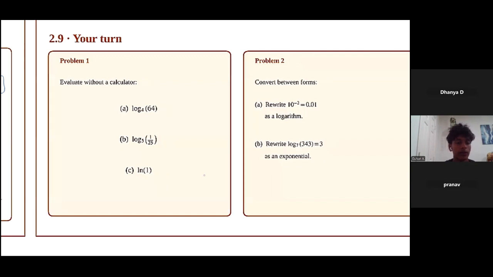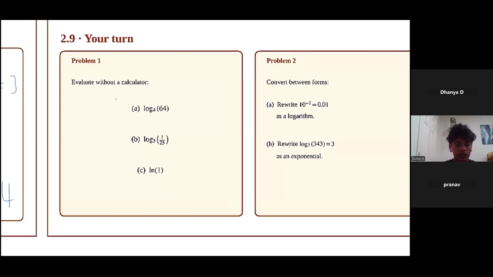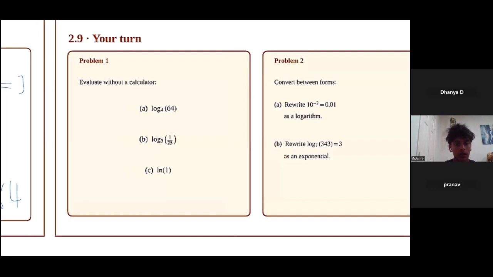Okay, evaluate without a calculator. First, log base 4 of 64 is asking 4 to the what? So let's set this equal to x. 4 to the x equals 64. And 4 times 4 times 4 equals 64, which is 4 to the power of 3. So x equals 3. By the same process, 5 to the power of x equals 1 over 25.